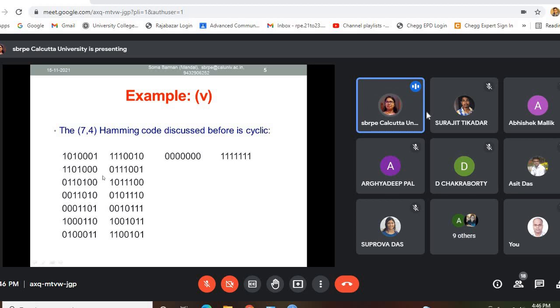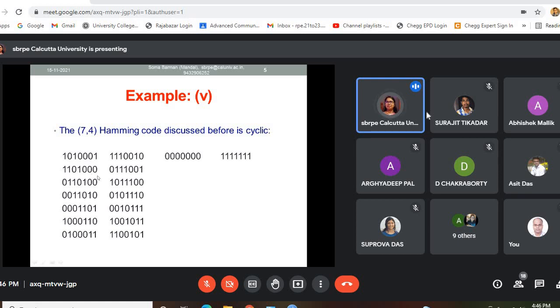Okay. So this way it is your code. Now if I shift this, for the first code word, right circular shift, this 1 will be coming over here, so it will be 11010000.